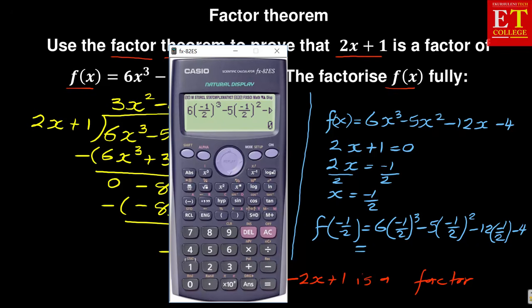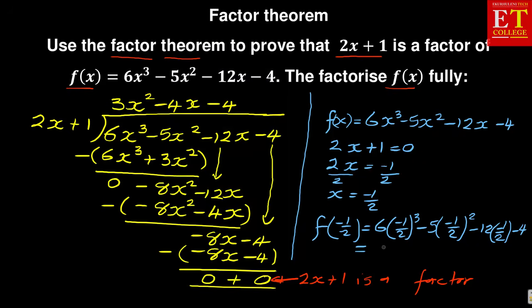Now the answer, as you can see, I'm getting a 0. So the fact that I'm getting a 0, how to write it, you say therefore 2x plus 1 is a factor of f of x. That's how you solve this particular problem.